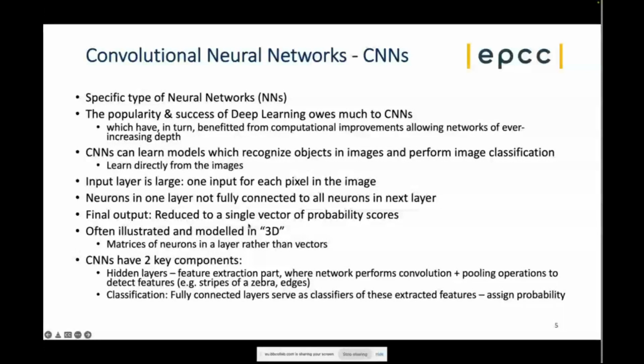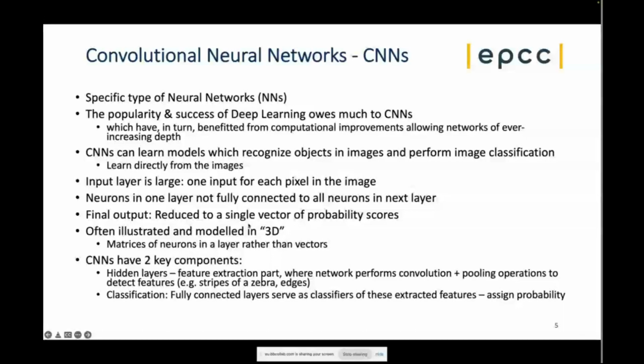What we have in these CNNs is some very large layers. The input layer is large. We have one input for each pixel in the image, so we just throw the raw pixels into the neural network. But in this case, the neurons in one layer are not fully connected to all the neurons in the next layer. I'll talk a little bit about what we do instead in a moment.